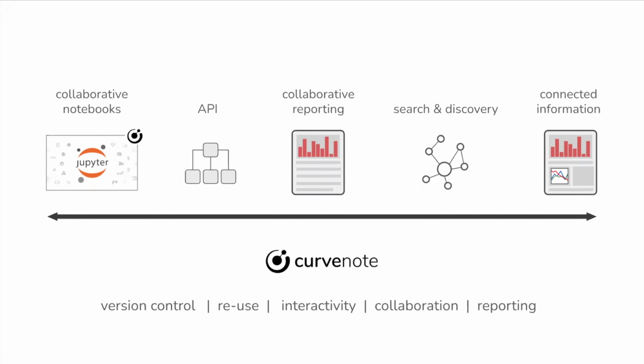CurveNote fits on top of the existing solution through an integration that provides an API into a collaborative reporting environment that the product manager can work in, which connects backwards and forwards through that API directly into the Jupyter system. The collaborative reports can then be shared into these connected reports that are being presented upwards in the organization.